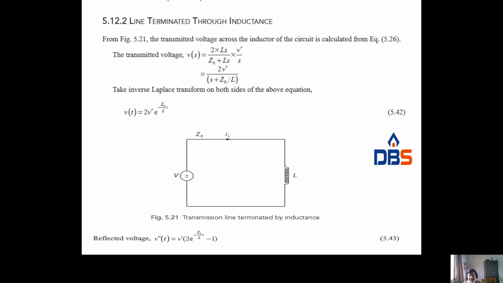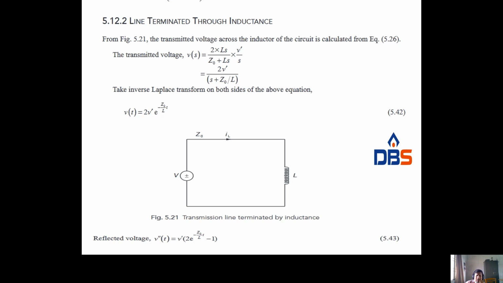Now the transmitted voltage is calculated from the before equation, that is Vs is equal to 2 into Ls by (Z0 plus Ls) into V'/S, where the Laplace transform of L is Ls. So that is 2V', S cancelled. So we divide by L, and L cancels, that is 2V' by (S plus Z0 by L).